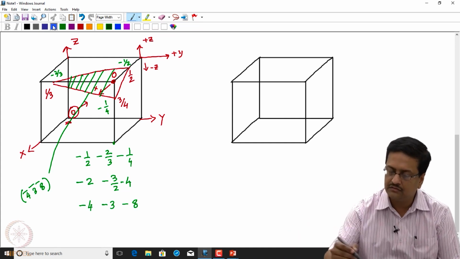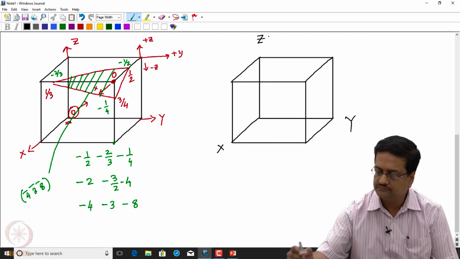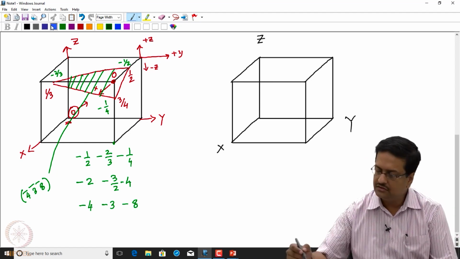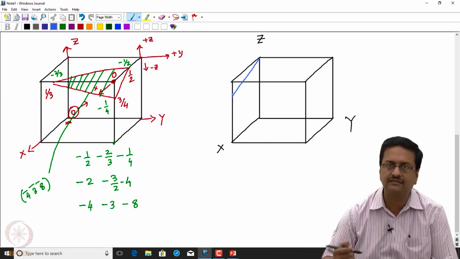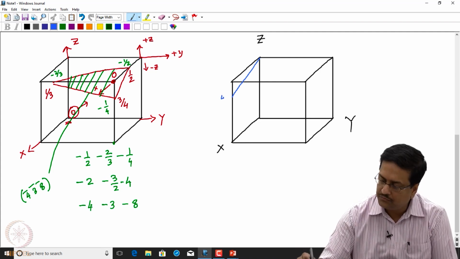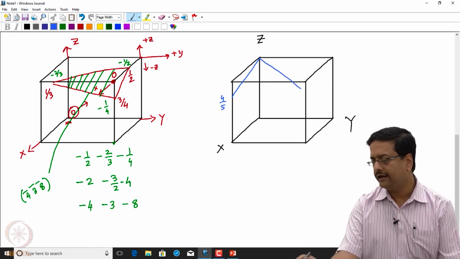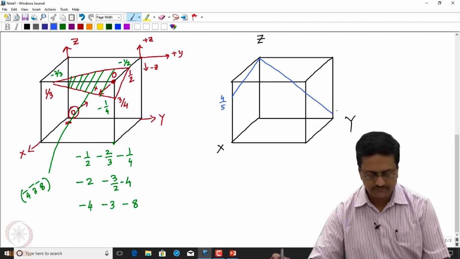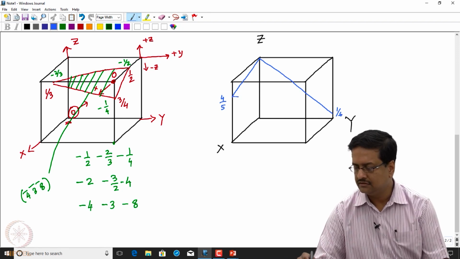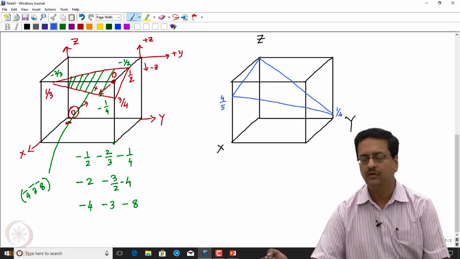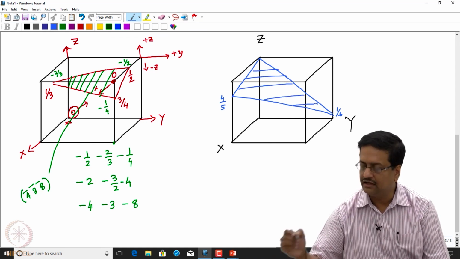So in this particular cube that I have drawn here, x, y, and z as usual, I am drawing a plane which is having an intercept on the z axis here as 4/5, and it has again an intercept on the z axis at 1/6, and this is the plane. What would be the Miller indices for that plane is an assignment for you.